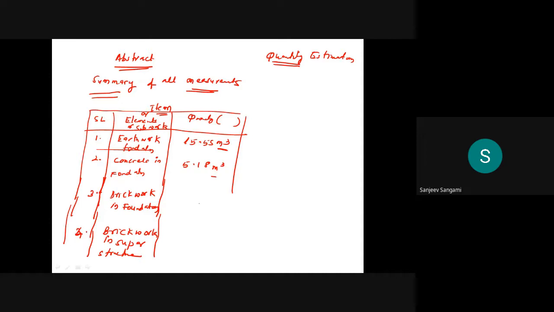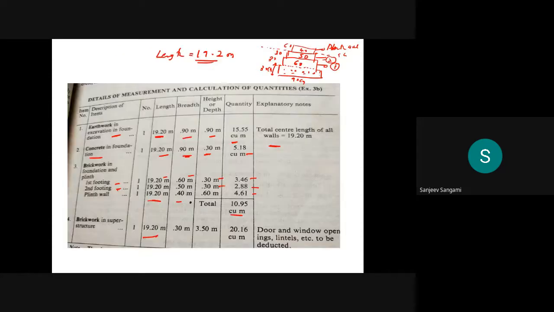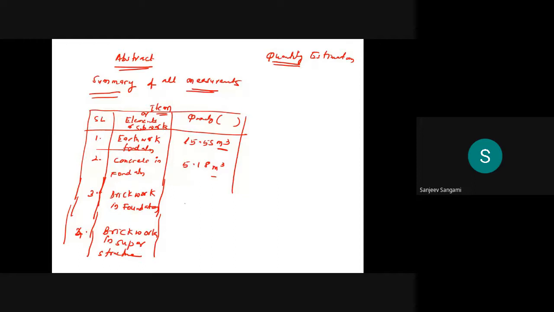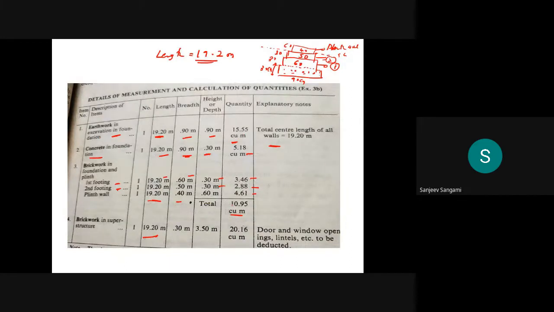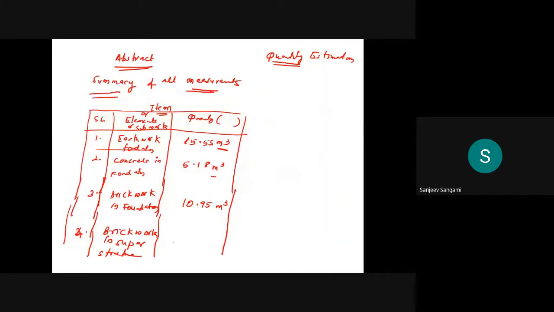So then brickwork in foundation, how much it has come to 10.95 meter cube. Then brickwork in superstructure, that is 20.16 meter cube. Suppose even if you are adding the cost, it is better to add two more columns, whenever it is with respect to the cost.